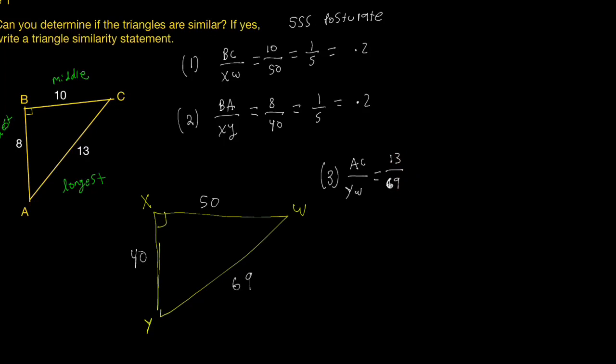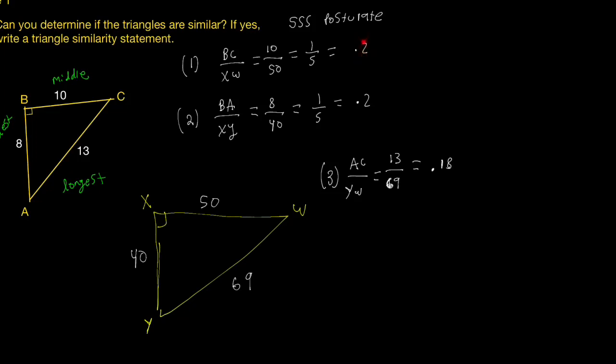So here, let's input this into a calculator and see what we get. So hopefully we get 0.2. If we do not, then these triangles are not similar. So here I'm getting an approximation, rounding to the nearest hundredth. I'm going to get 0.18.